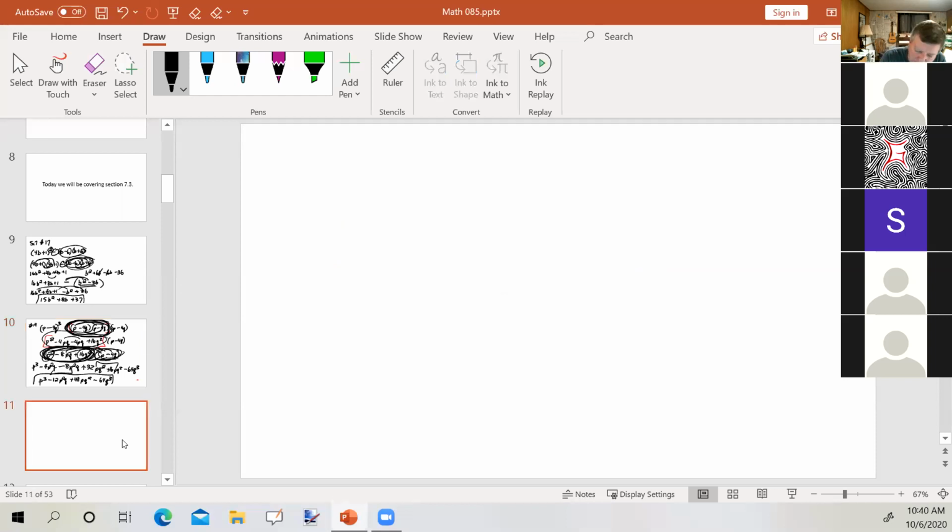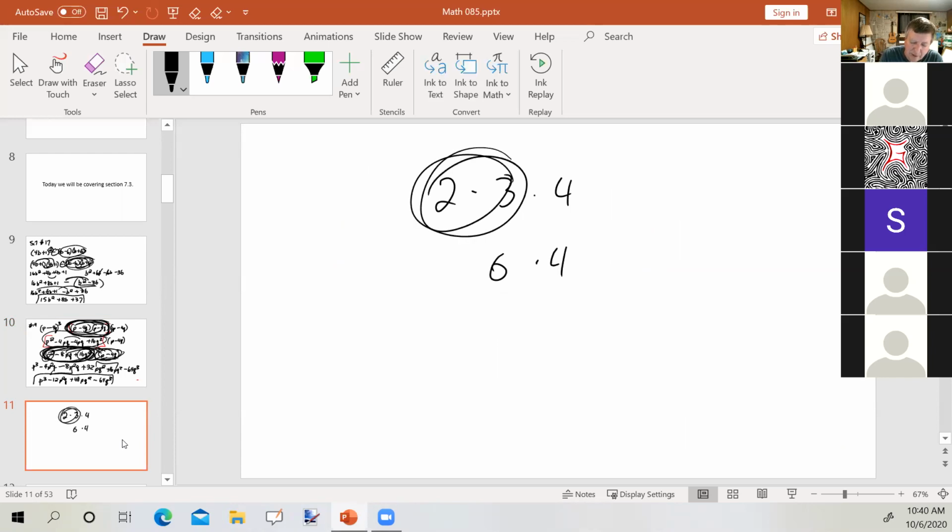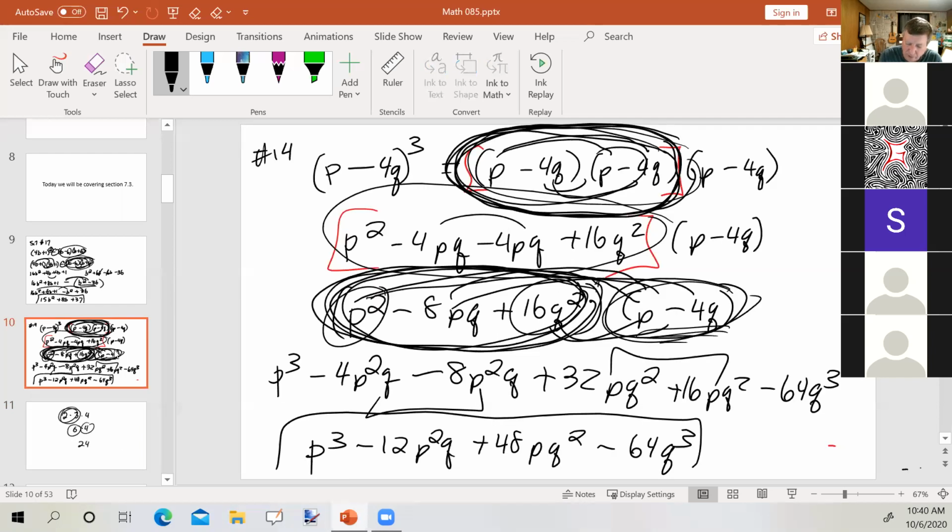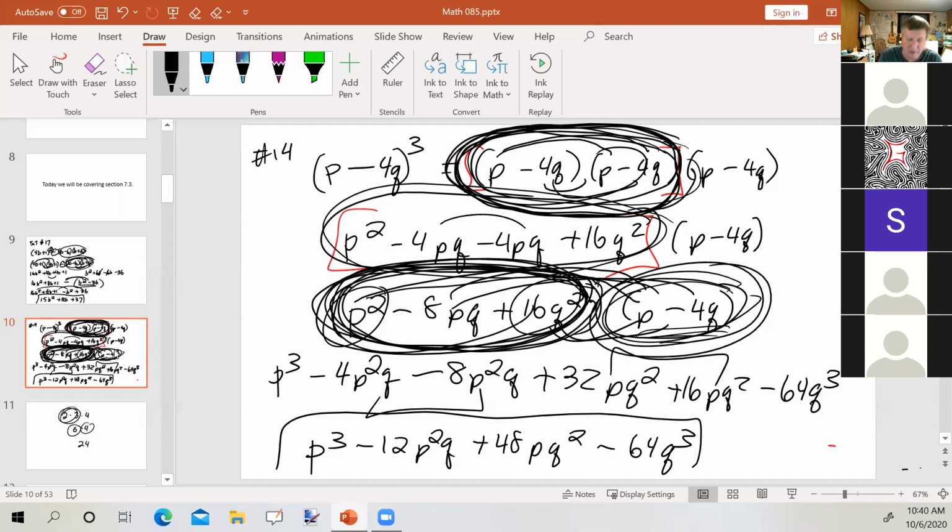And let's say you've got 2 times 3 times 4. Well, what do you do first? You do the 2 times 3 is 6. So you multiply that all together, and then you take the result times the next thing. So just in a bigger sense, we're taking the first two, foiling them all together, and then taking the results times the next thing. Does that make sense, Roger?